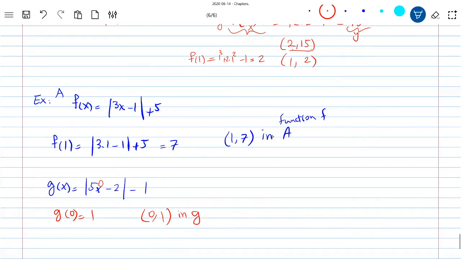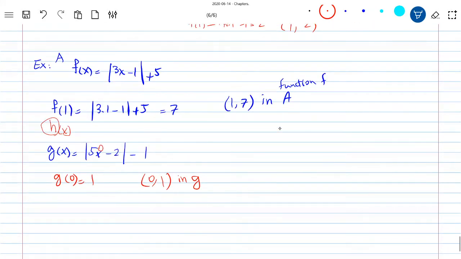Because if I keep writing f, then you do not know which function I'm talking about. So besides f and g, they can write h of x. It's just an expression that I have a function, I'm going to call that function h, and the input is x. This input can change as well. They can write it with a different name.